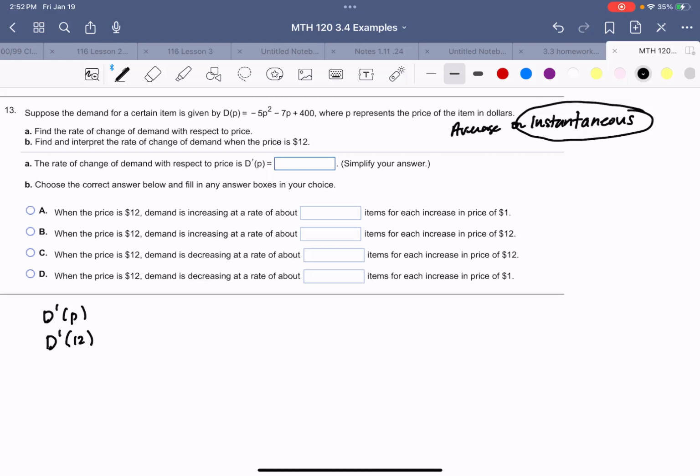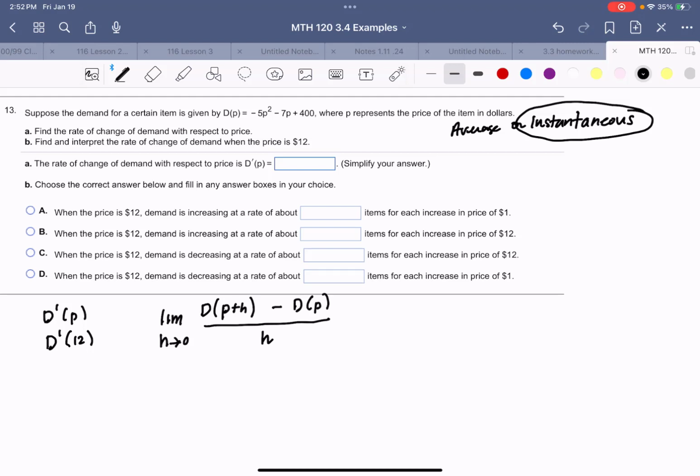So the first thing I need to do is find D of P plus h minus D of P, and then I'm going to divide that by h, and then take the limit as h goes to 0.